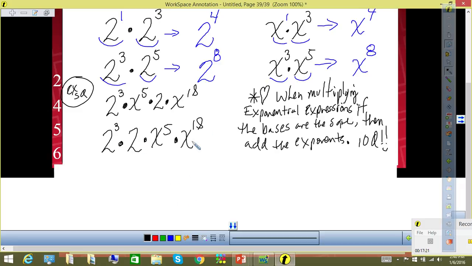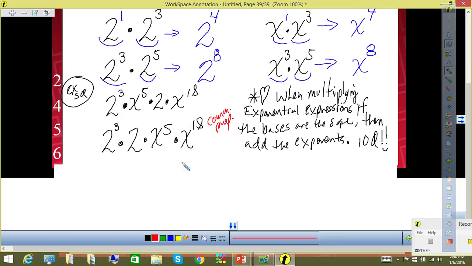Now, how come we were able to do that? What property did we use? Think about it. What was the property, everyone? So write it right next to here. Commutative property. You can just abbreviate so that you know what property we used.